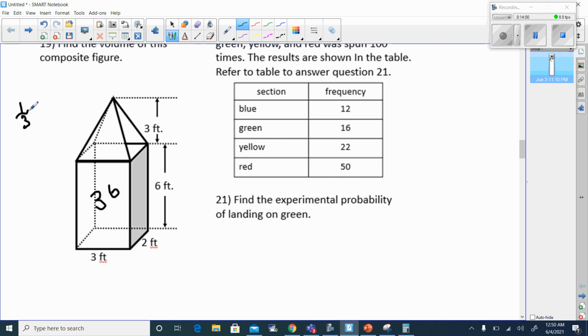So this would be 1/3 of 3 times 2, and then we'd have to multiply it to the height, which would be 3. Well, 3 times 3, that's 9.